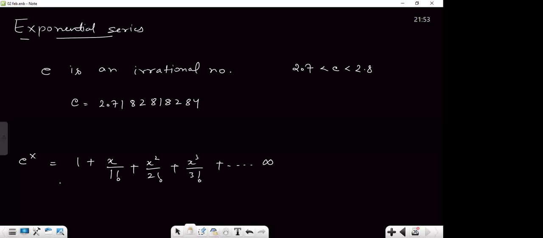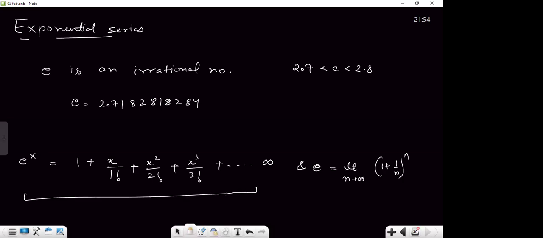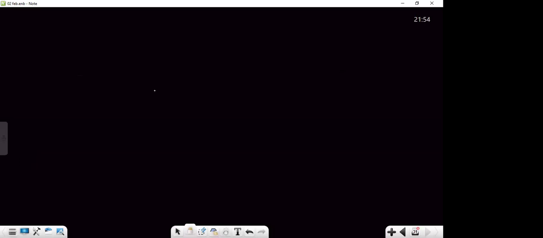This is e raised to x, where x can be any real or complex number, and e's value is defined by the limit n tending towards infinity of (1 plus 1 by n) raised to n, something complex. But this series is important for you to learn. Let's discuss some more facts.